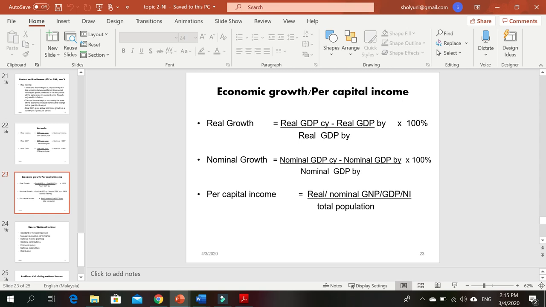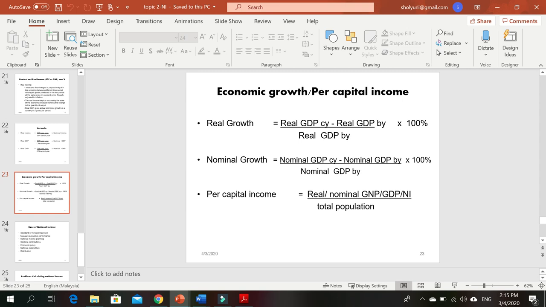Base year adalah tahun yang paling lama. For example, macam tadi kan dia bagi compare 2000 dengan 2006. So, 2000 akan jadi base year. Current year adalah 2006. Yang paling baru akan jadi current year. Yang base year tu adalah yang lama. So, this is how you find the real growth.